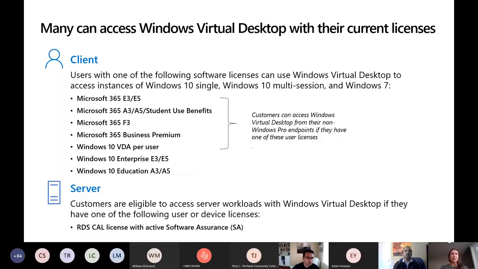Those licenses come through a variety of different license options depending on what your organization uses. The most common ones that we see nonprofits using today are Microsoft 365 E3 and E5, Microsoft 365 F3, Microsoft 365 Business Premium, Windows 10 VDA per user, and you can also access it through the server via the RDS CAL with software assurance.